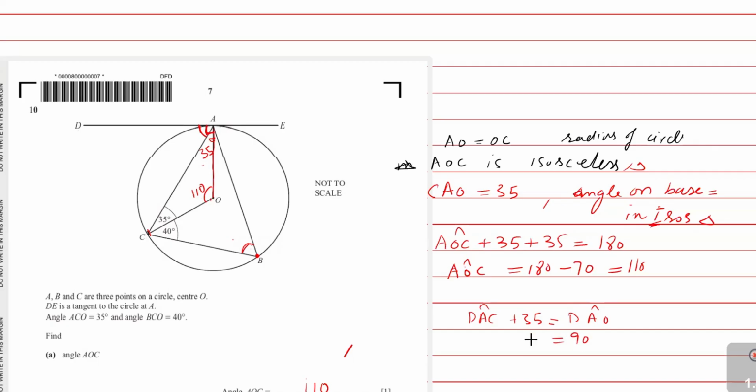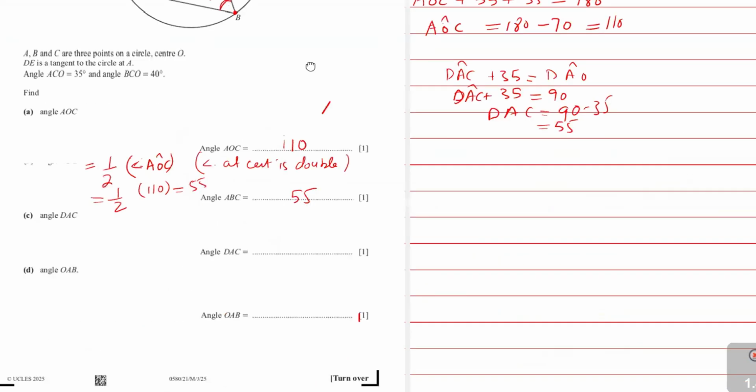We can write 90, and therefore the angle DAC plus 35 equal to 90, and therefore DAC will be equal to 90 minus 35, and this will be equal to 55. And we write this angle 55, and this is 55-degree angle, and this is the answer.